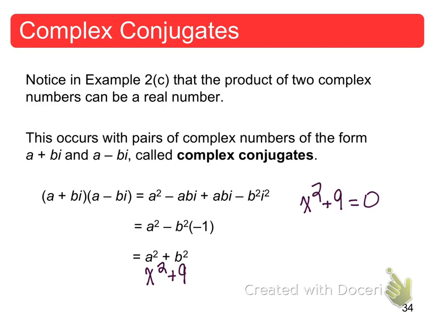I subtract 9, then I square root, and I end up with plus or minus the square root of -9. Then I have an i that I have to pull out. That is how I end up with imaginary numbers. And that's an imaginary number solution. We're going to do that in a couple of minutes.